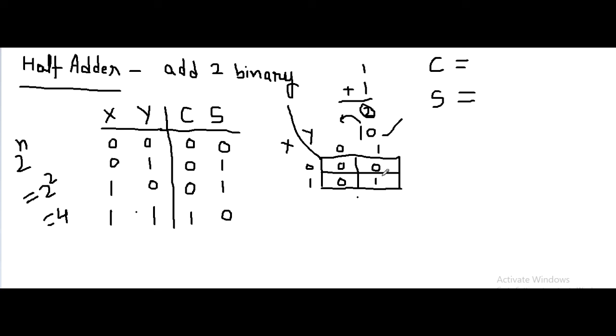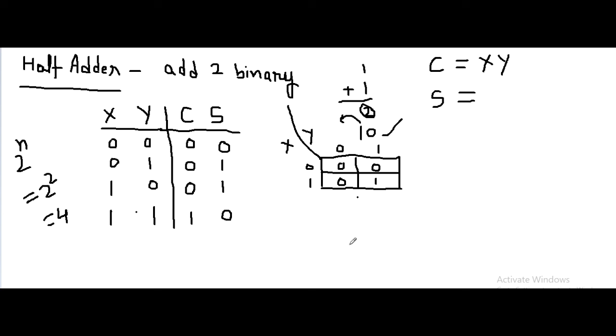In that case we will write its value. Both x and y are present, so C will be x y. You can also directly write it from here: x is 1 and y is 1, and the only value of C is 1 when both x and y are present. So that's why we have written C is equal to x y.